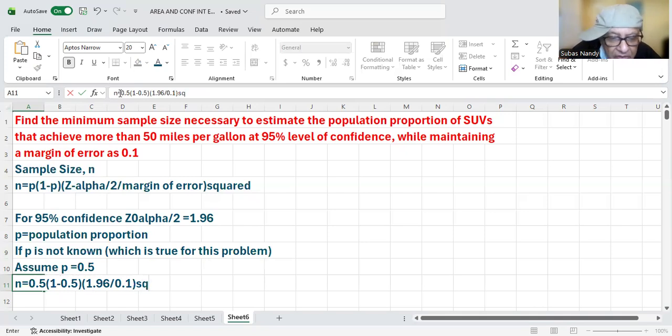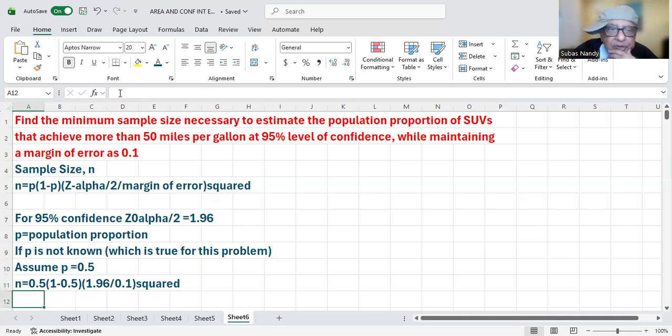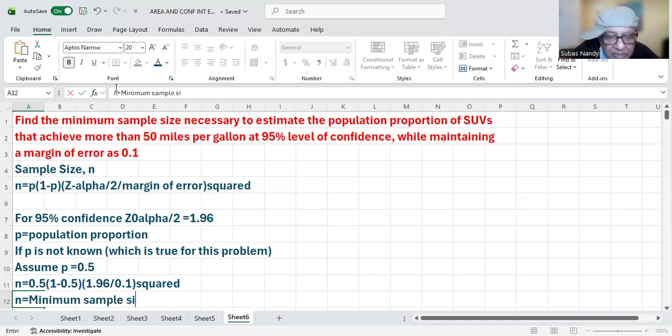So that will be the formula that we'll use to calculate n. n is the minimum sample size necessary.